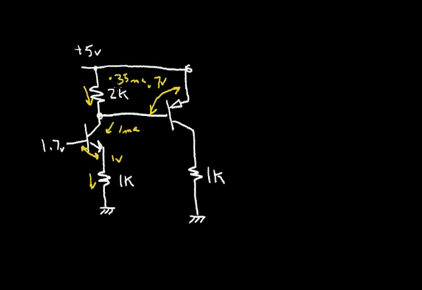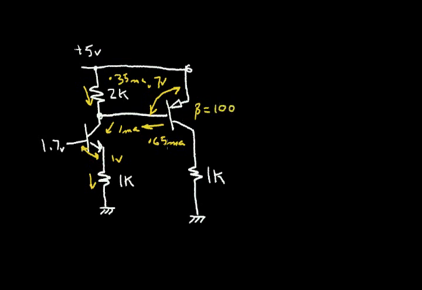So that subtracts from the 1 milliamp, and the remainder of the current flows into the base terminal of the PNP transistor. So that is 0.65 milliamps. Now this 0.65 is going to be multiplied by beta. Let's say that beta is equal to 100.